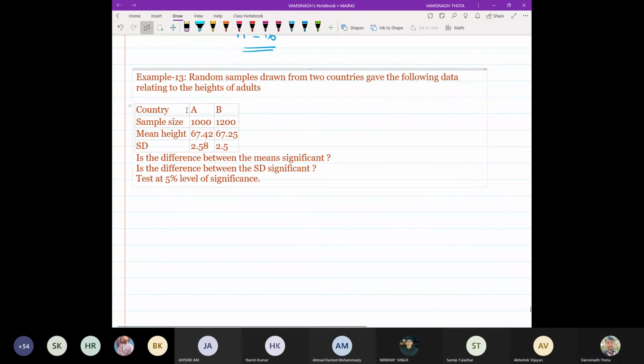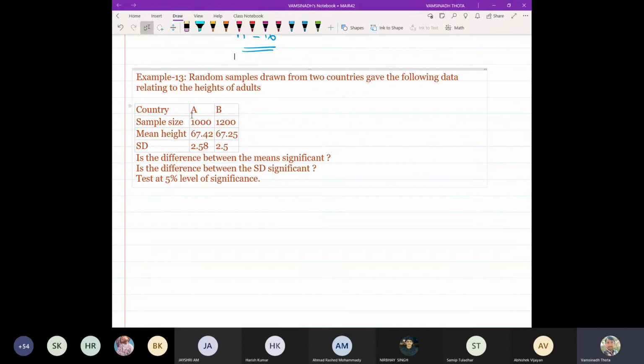Okay, 2 countries A and B. From the country A a sample of 1,000 people, and from the country B a sample of 1,200 people.